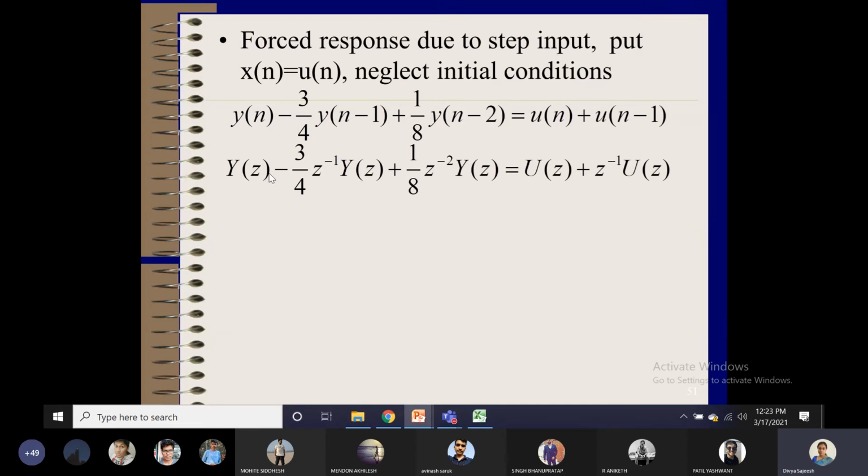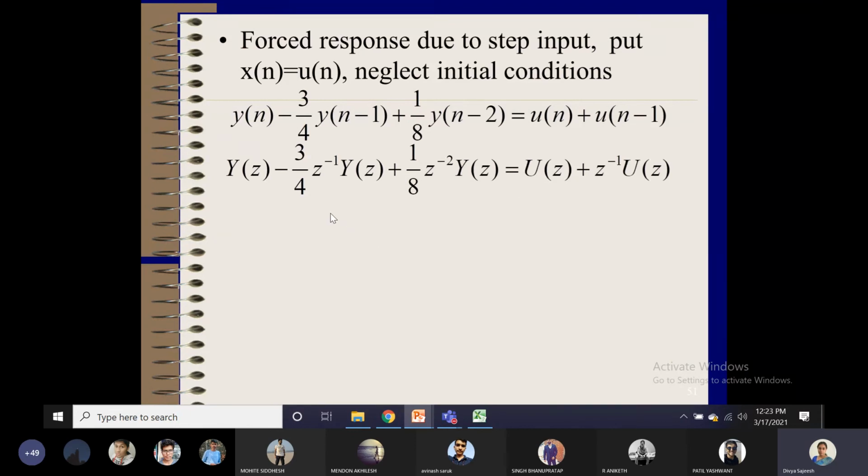Y of n will be Y of z, and 3/4 y of n minus 1 will be z inverse Y of z, plus 1/8 z raised to minus 2 Y of z, plus u of n, which you can either directly write as the Z transform of the step signal, z upon z minus 1, or write as U of z plus z inverse into U of z. So U of z expansion is z upon z minus 1.